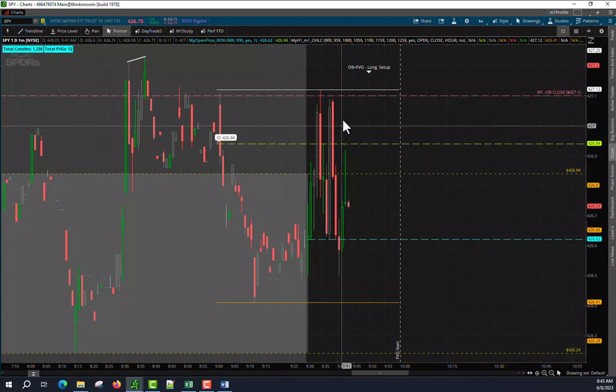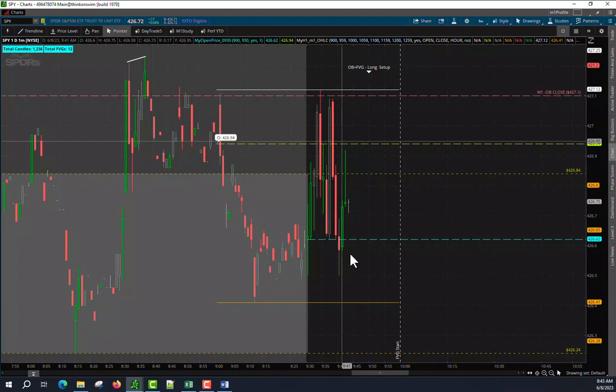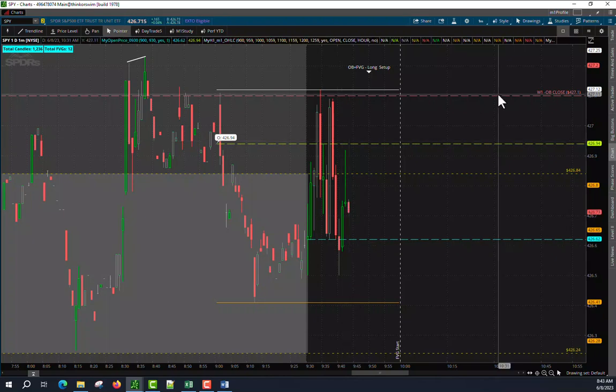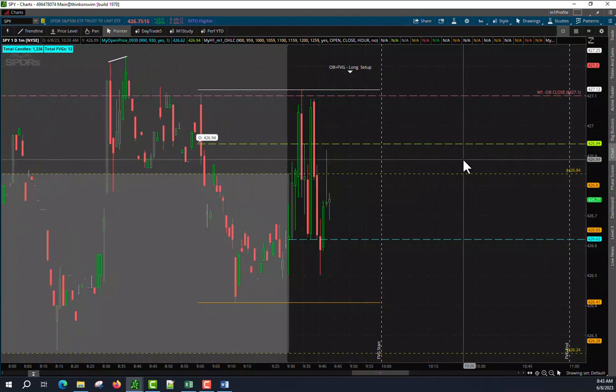So we have another short entry for us right here. By the way, we look at the 1 minute time frame right here. Look at the 15 minutes. It looks more bullish.